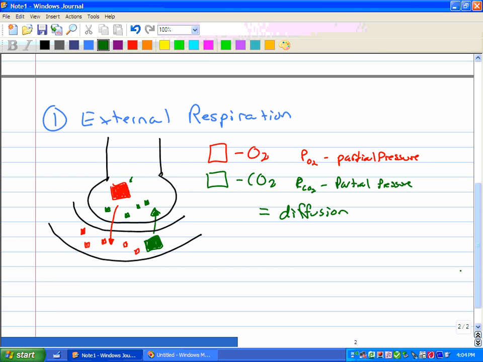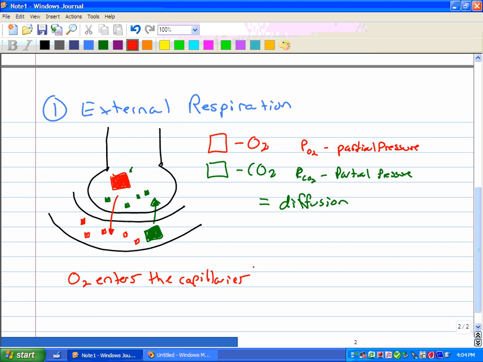We have 2 formulas. Once this oxygen enters the capillaries, it's actually going to go into the red blood cells, which I'll label RBC.